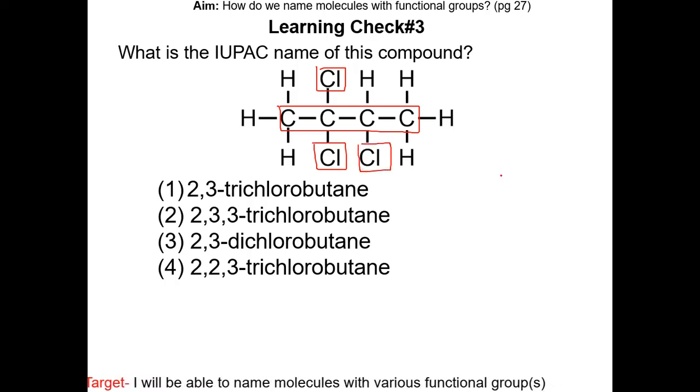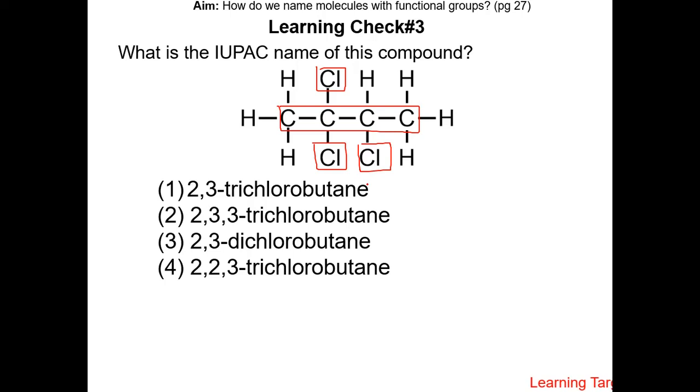Now we have to number the carbons so that the carbons with substituents have the lowest numbers possible. There are 2 possible ways to number the carbons, either from left to right or right to left. Let's start with left to right. 1, 2, 3, 4. So the numbering will be 2, 2, 3. There are 2 chlorines on carbon 2 and 1 chlorine on carbon 3.